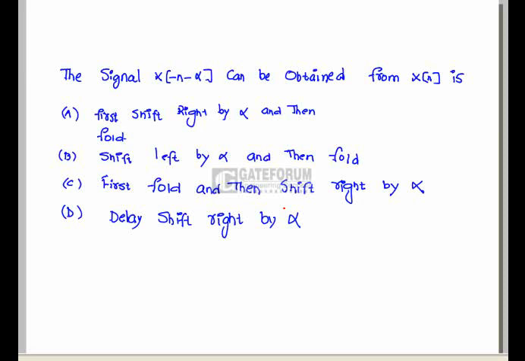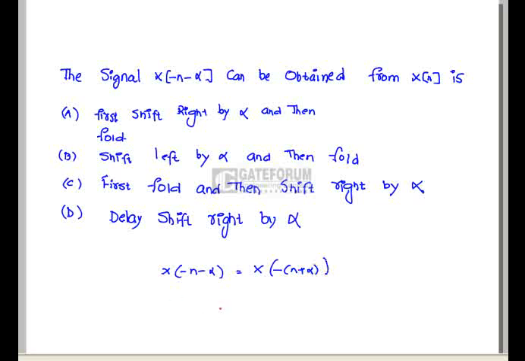Question is, the signal x of minus n minus alpha can be obtained from x of n is. Here x of minus n minus alpha can be written as x of minus of n plus alpha.